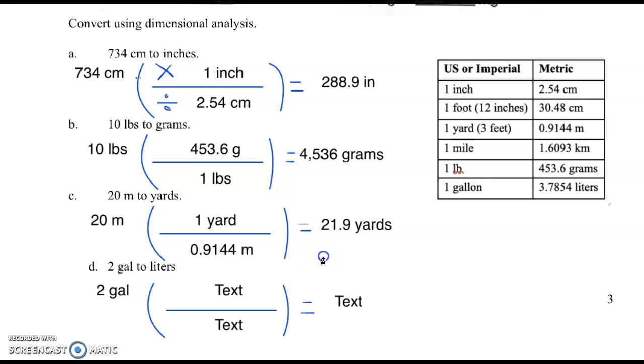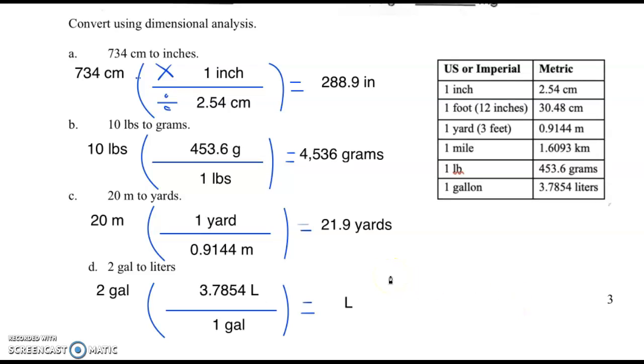Down here, my last one, I got 2 gallons. I'm going to liters. Do I have a conversion directly from gallons to liters? Yep. So on the bottom I have gallons, and the number that goes with gallon is 1. So it's 1 gallon on bottom. And on top I want liters, and it's 3.7854 liters.